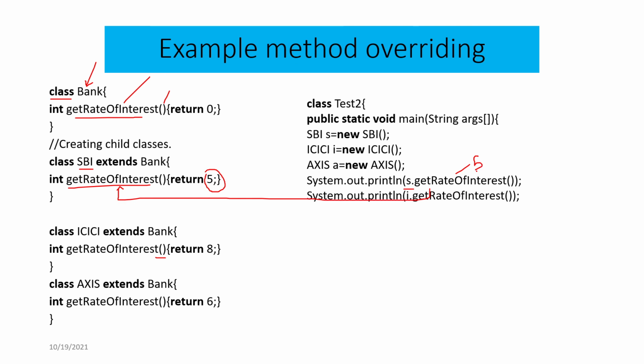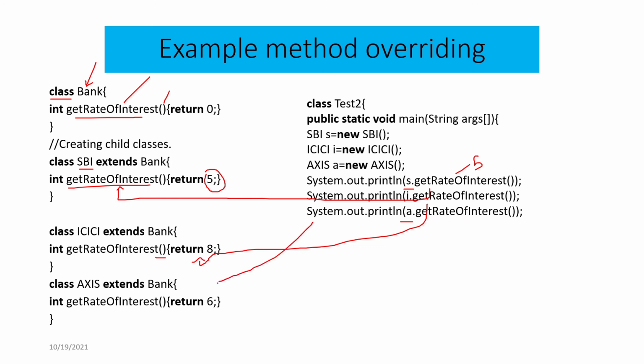Next, I'm calling the second object, i.getRateOfInterest. i is the object I have created under the ICICI child class, so this will come here and it returns 8. Then the third object a, which I have created for Axis Bank. So a.getRateOfInterest will come here and it returns 6.